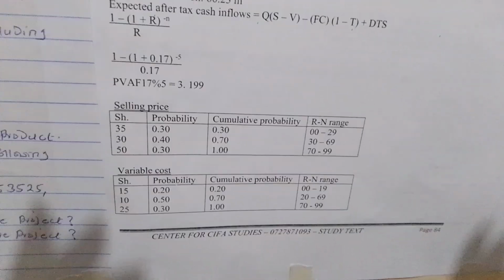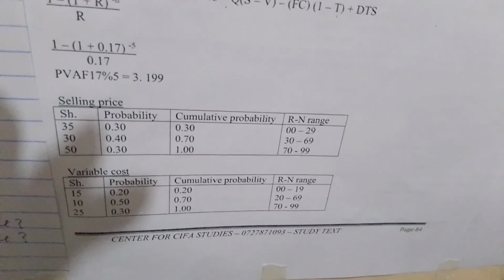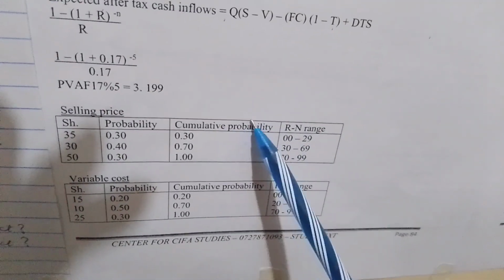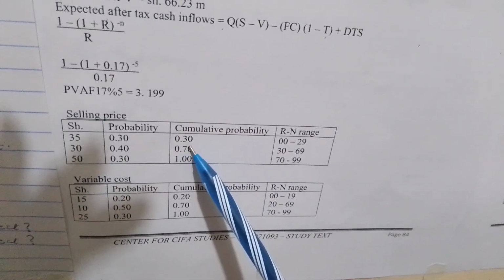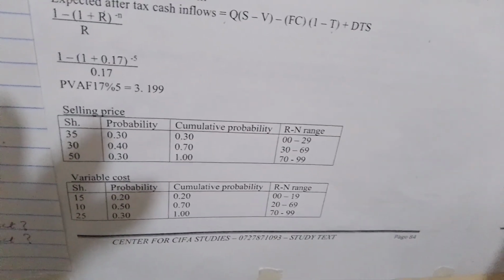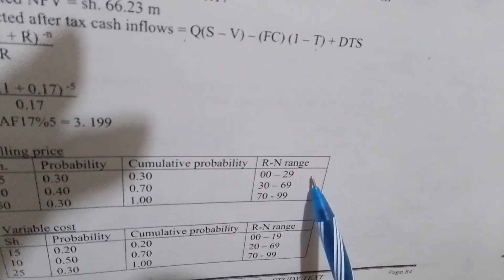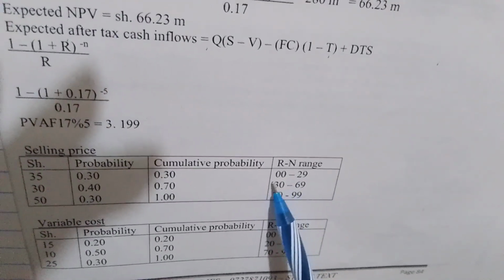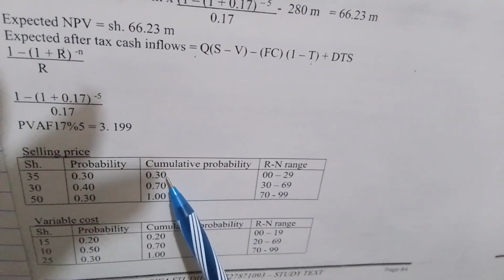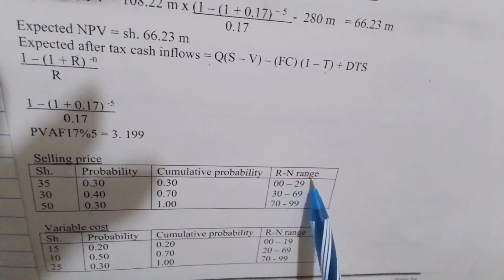Then range. Range is quite important. Now for range, we say that these numbers are between 0 and 100. Therefore, you have the upper limit and the lower limit. What you can do here, you just take 30 minus 1, you get 29.